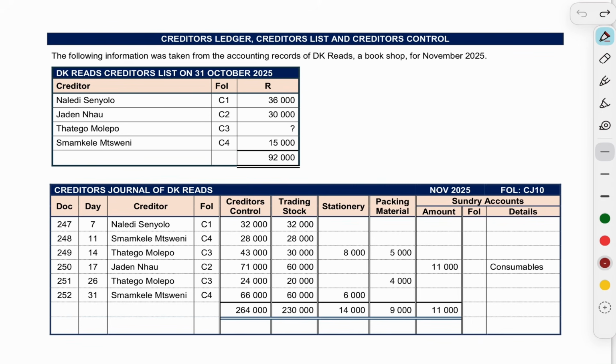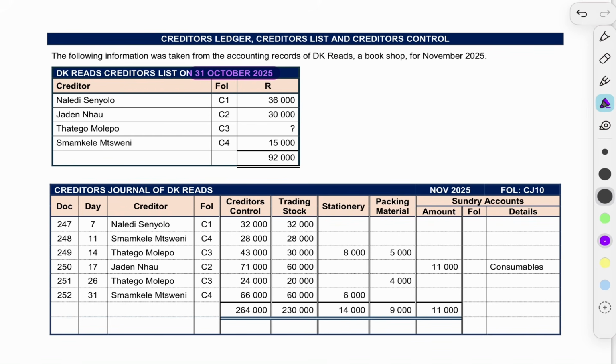So, we are given information regarding our creditors. We are given the creditors list on or for the 31st of October 2025.